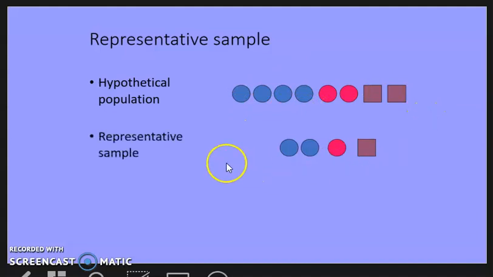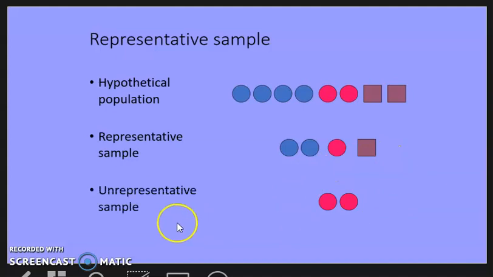I would say yes, so this is a representative sample. But if another person does a sampling and they got this, is this representative? This is not. So when you do a random sampling, hopefully by chance you get the representative sample.